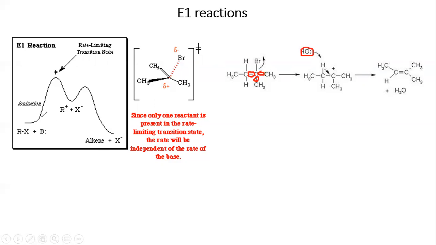And again, this is a two-step mechanism. The first step, we form our carbocation. The second step, the base attacks the carbocation, and we get our alkene and halide. And generally, these are endothermic, and we'll explain why in a second.